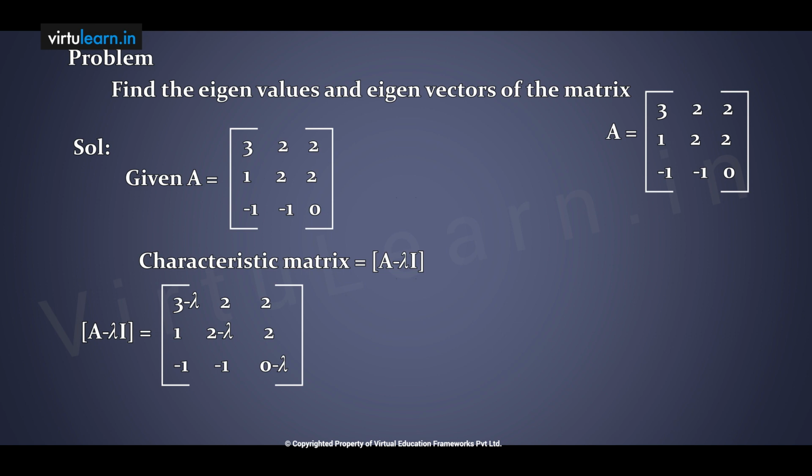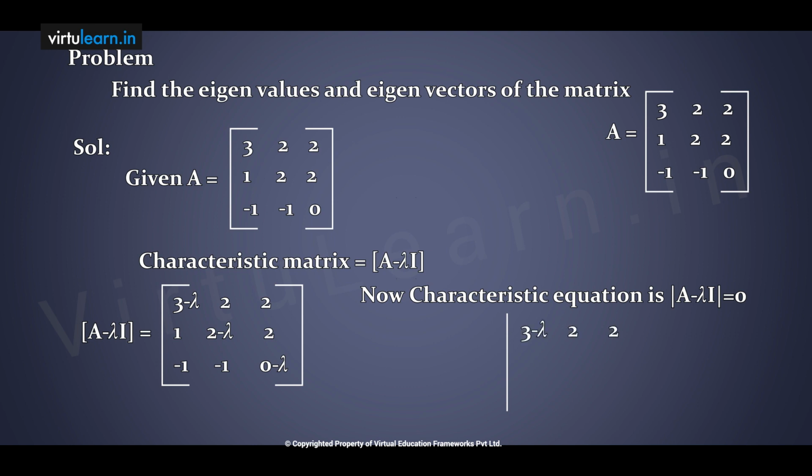Now you consider the determinant of this characteristic matrix. It becomes the characteristic equation: determinant of A minus lambda I equal to 0. Determinant of 3 minus lambda, 2, 2, 1, 2 minus lambda, 2, -1, -1, 0 minus lambda equals 0.